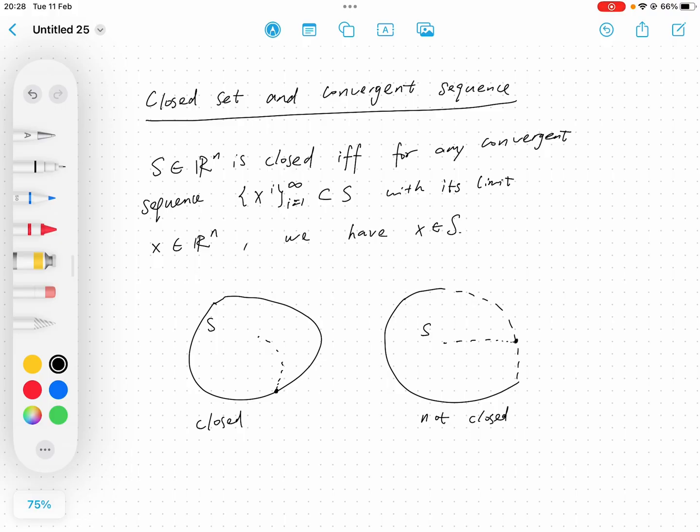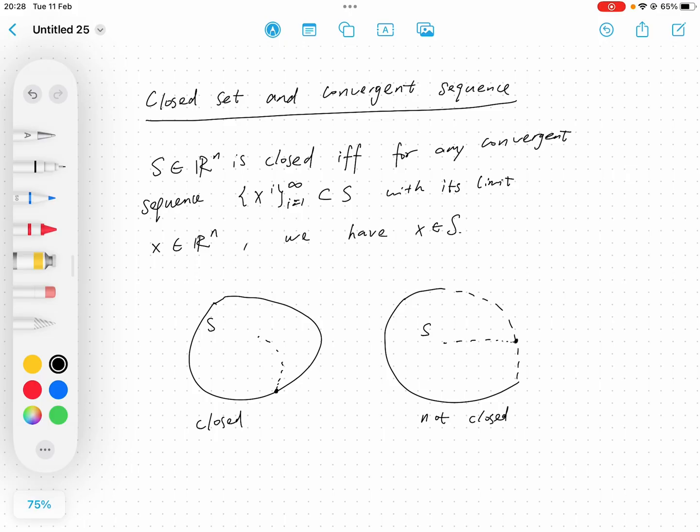But if S is not closed, those dashed lines are not included in the set S, and then it's not true that for any convergent sequence we can find such a limit also in S. Here we have this limit on the boundary, but it is not included in S because this part is not closed.